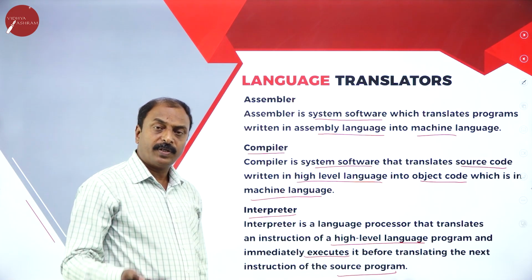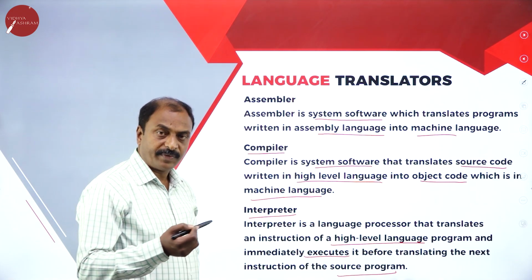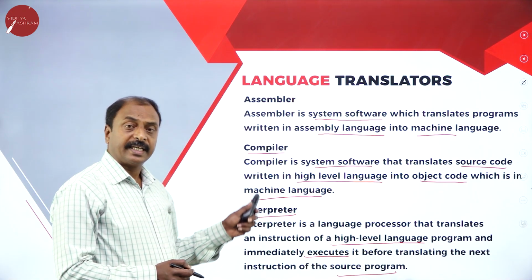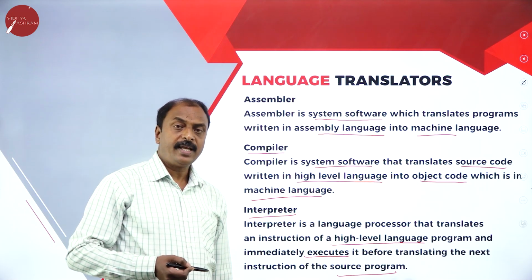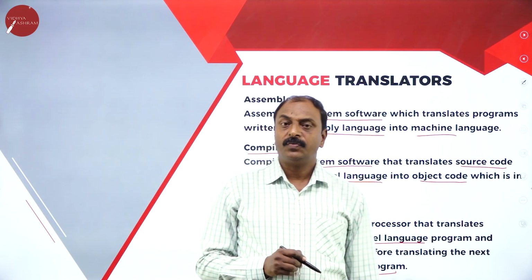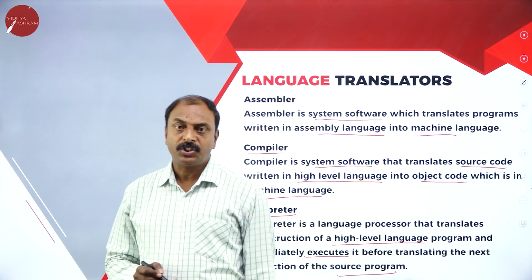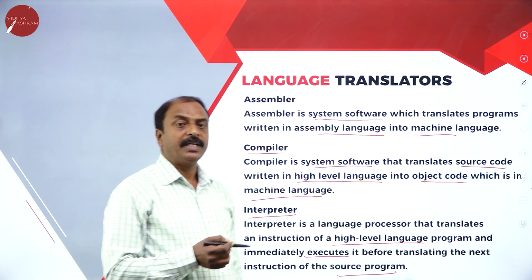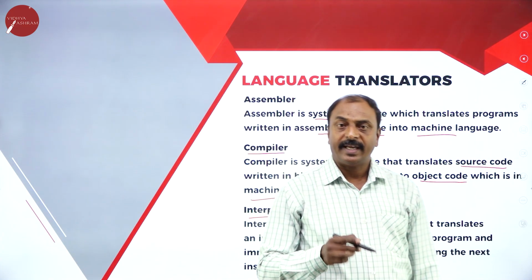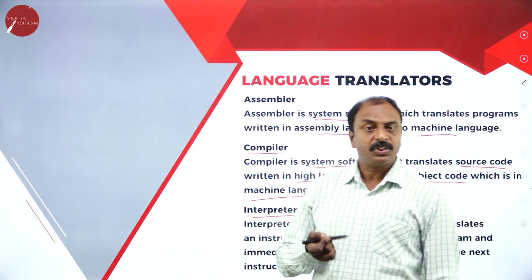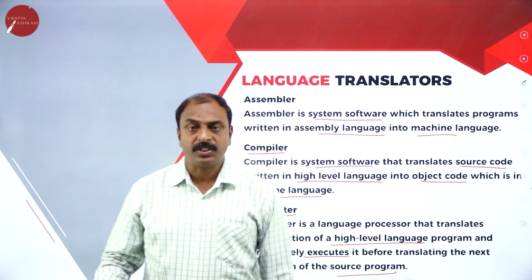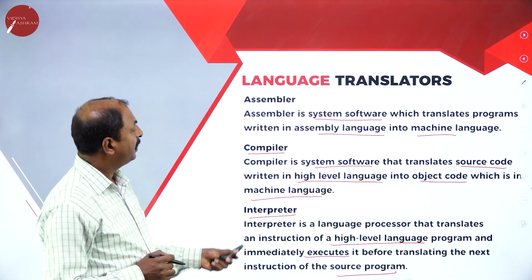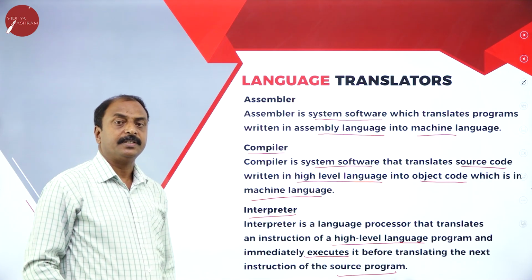Then it goes to the second instruction. Similarly, the interpreter converts the high level language instructions into machine level language instruction by instruction. It translates the first instruction, executes it, then goes to the next instruction, executes it, and so on. So this is the main difference between compiler and interpreter.